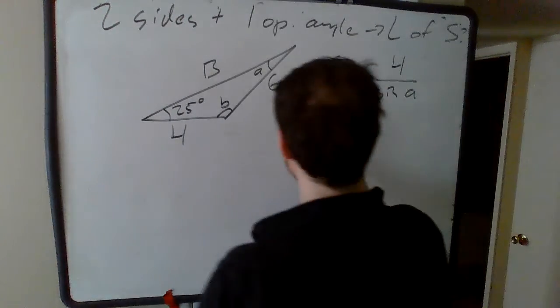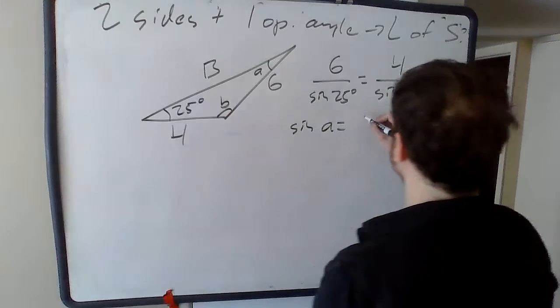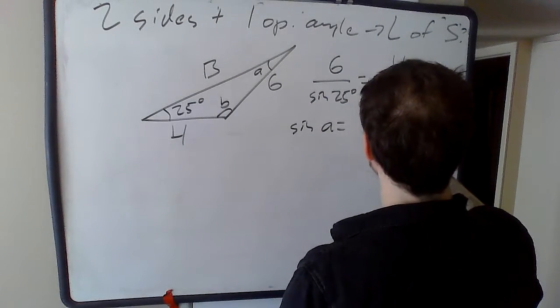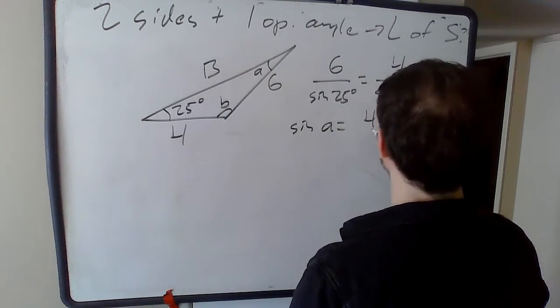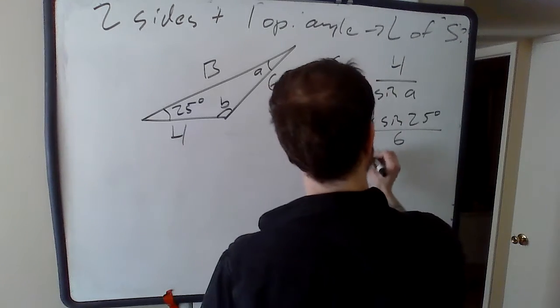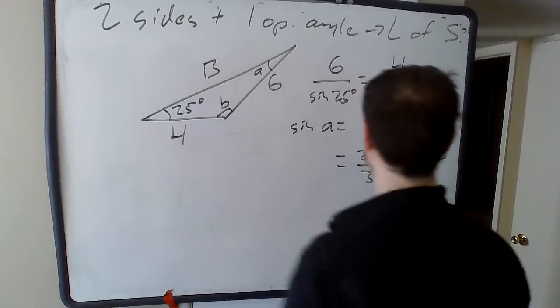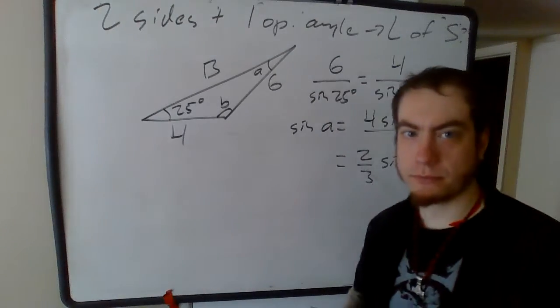This means that the sine of little a is going to be equal to 4 times the sine of 25 degrees divided by 6. And this is going to equal 2/3 times the sine of 25 degrees.